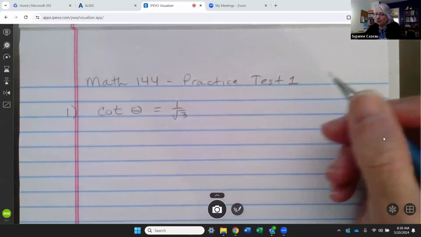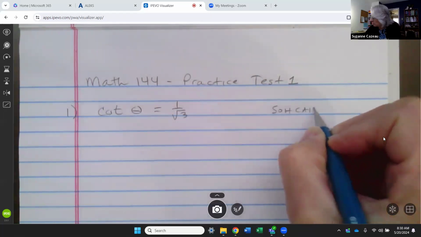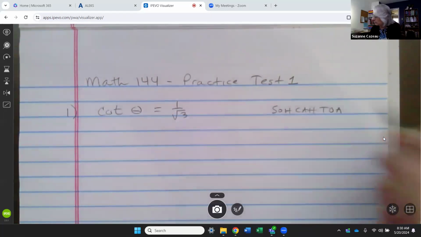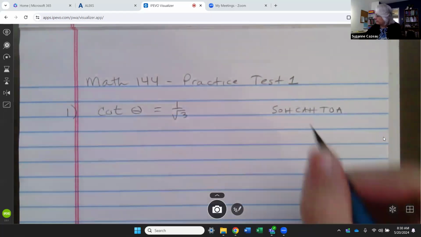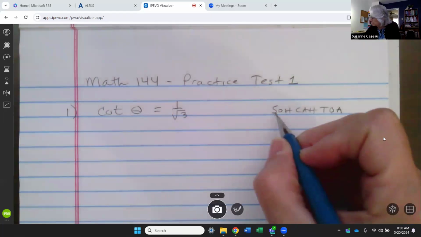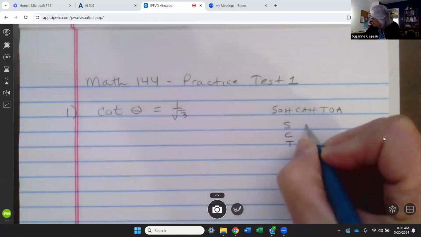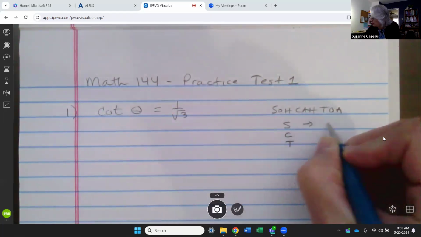Okay, so you remember SOHCAHTOA. And the reciprocals: the reciprocal of sine is cosecant.